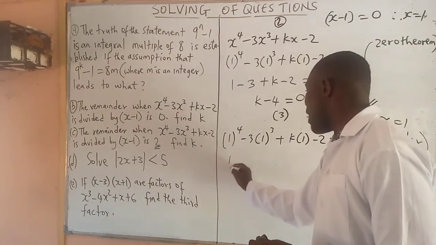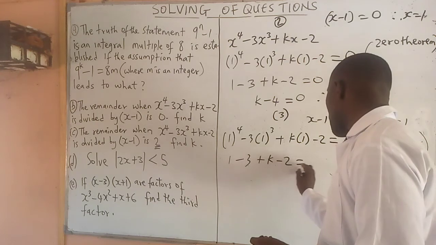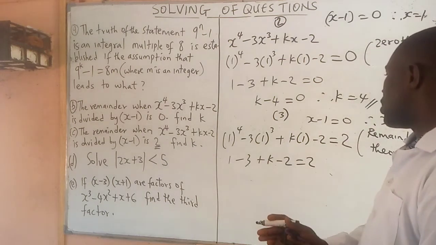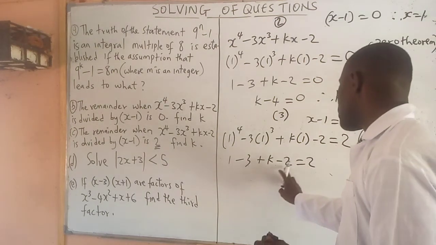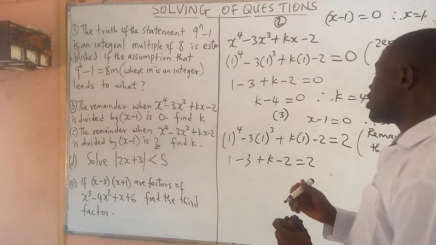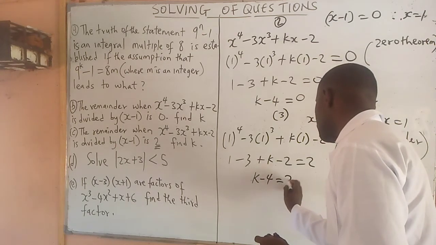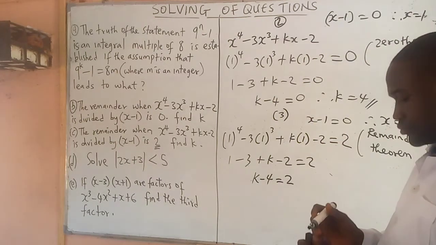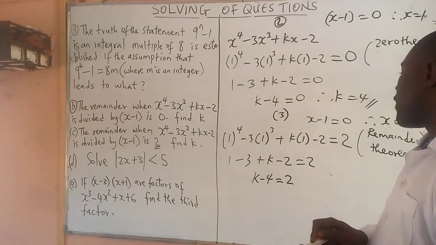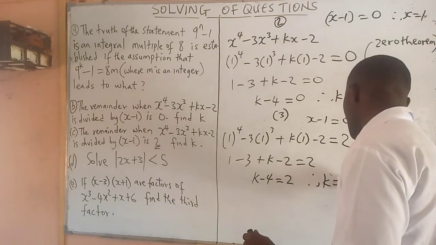So this will give me 1 minus 3 plus k minus 2 equals 2. 1 minus 3 minus 2 is minus 4. K minus 4 equals 2. Therefore, k equals 6.